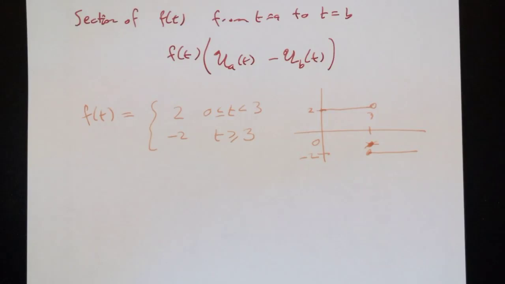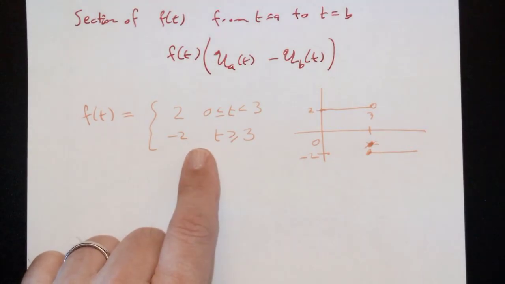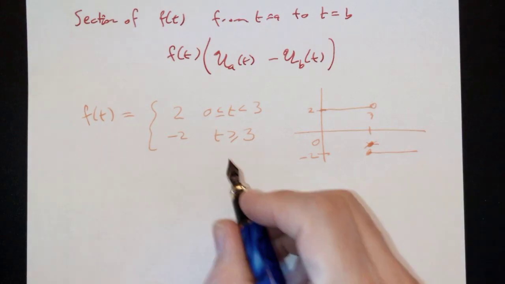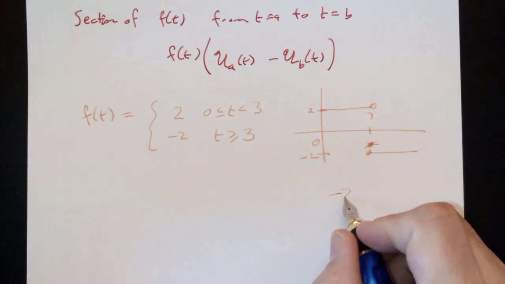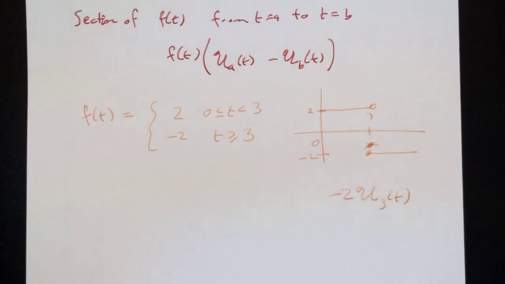To turn on at time 3, I'd use 2u3. So I can do that for this part, right? The negative 2 turns on at time 3, right? So this part, that's minus 2 u3 of t. I like that.